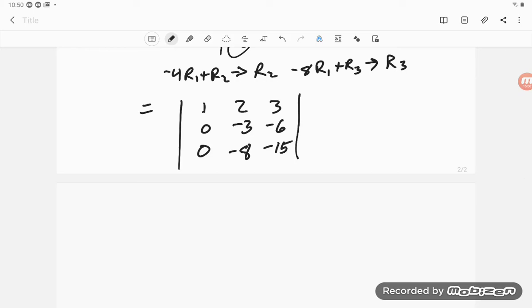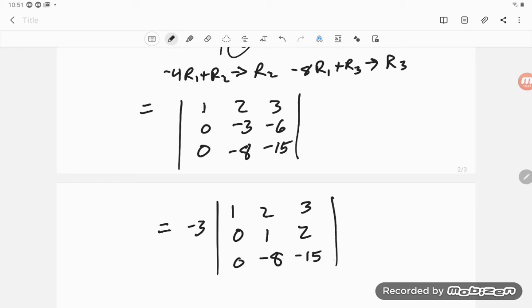Right? So we can say that this is equal to -3 times the matrix 1, 2, 3, 0, 1, 2, and 0, -8, -15.